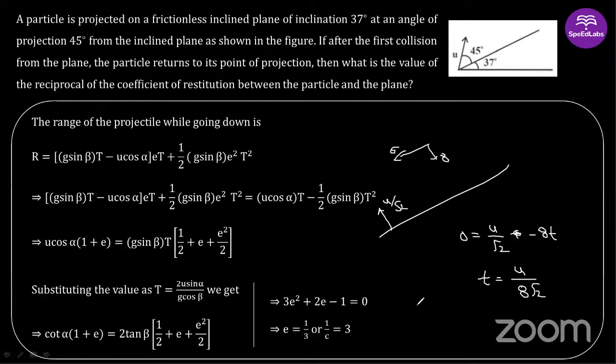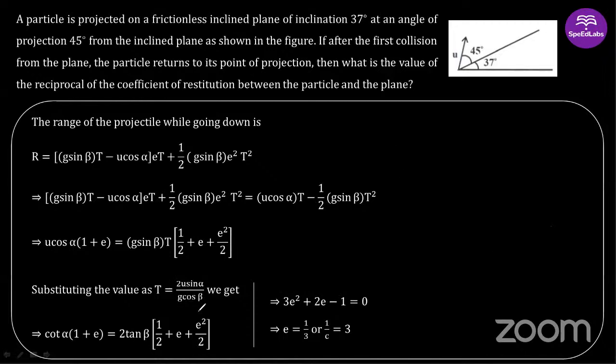And it should be twice of that. But here we are getting 2 into u into sine alpha, which is sine 45. One second, this is alpha and this is beta. Sine 45 is 1 by root 2 divided by g, which is 10, into cos 37. Cos 37 is 4 by 5. So 5 2s are 10, 2 is cancelled. So u by 4 root 2. Yeah, we were also getting the same thing. u by 4 root 2 is the time period. One second. Till this point we are fine.